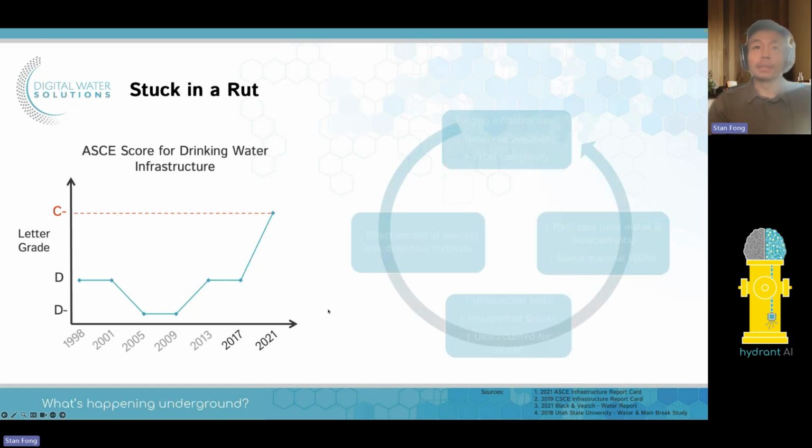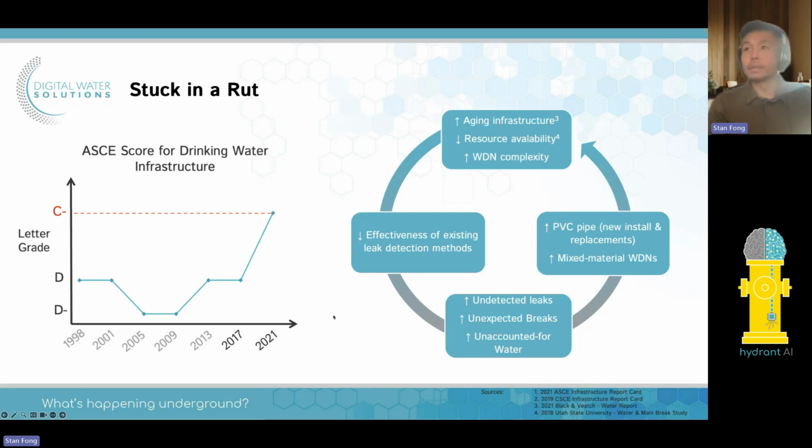So you put that all together, and really it seems like we're stuck in a rut, right? Because you've got aging infrastructure, you have diminishing resource availability, the complexity is going up, and at the same time, the effectiveness of these existing leak detection methods, they're going down because they're really designed for what the networks were like 10, 15 years ago. They're not really future-proofed.